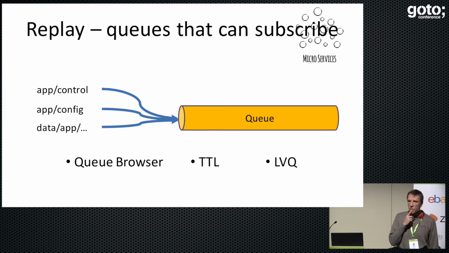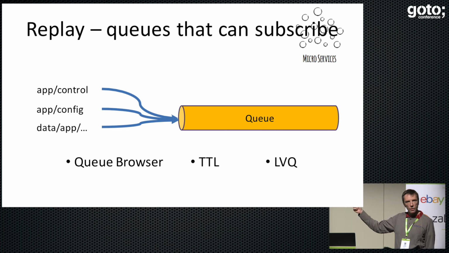For this, we use the idea of a queue that can subscribe to topics that are published to. So we are mixing this publish-subscribe model with queuing, because our queues are becoming subscribers. And what we can do with our queue is subscribe to multiple topics. It's fully dynamic.